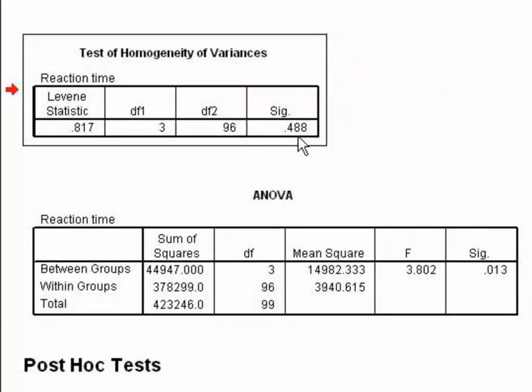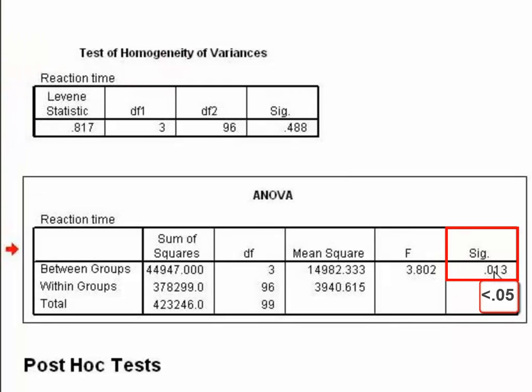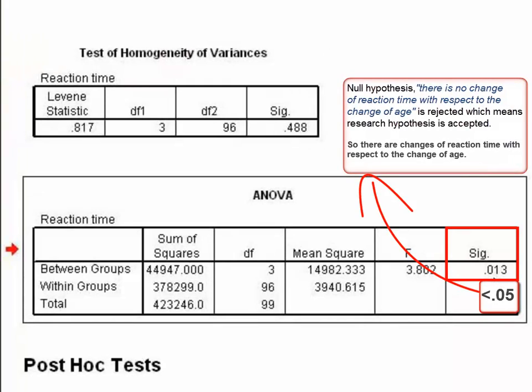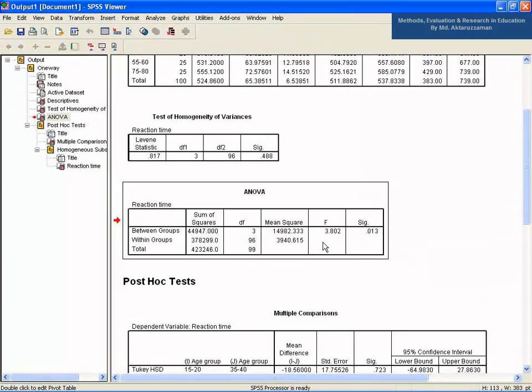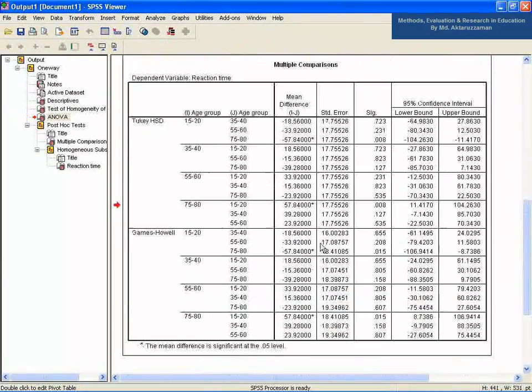In case of ANOVA table, the sig value 0.013 is less than 0.05, which implies the null hypothesis is rejected, which means the research hypothesis is accepted. So, there are changes of reaction time with respect to the change of age, and this effect cannot be attributed to chance factor. Let's check out the table Post Hoc Tests Multiple Comparisons at the output viewer.